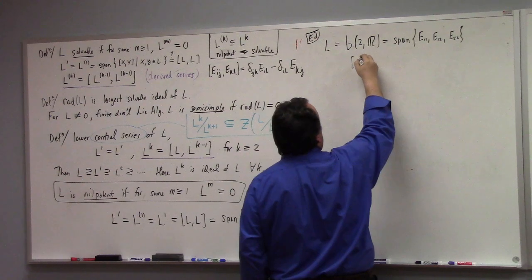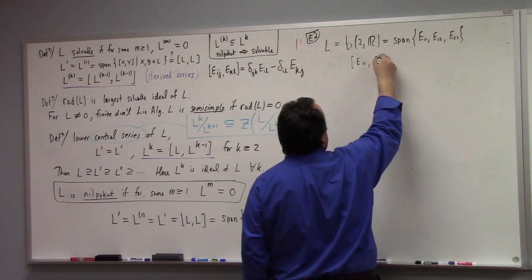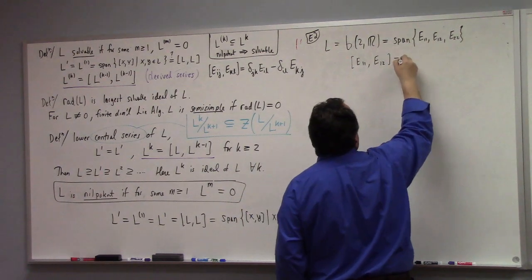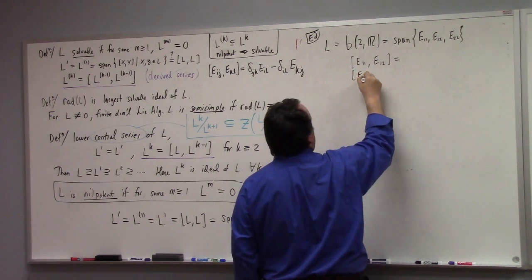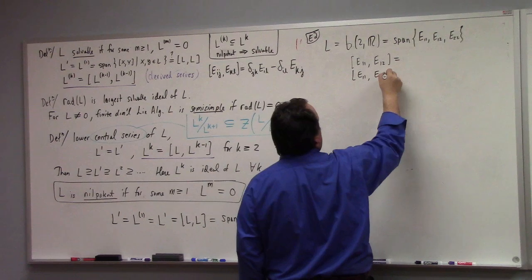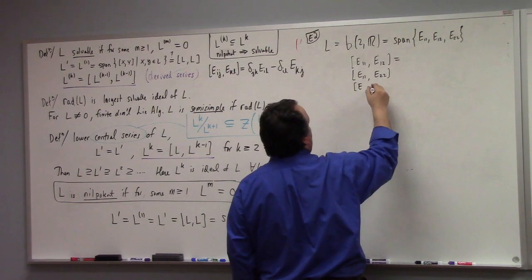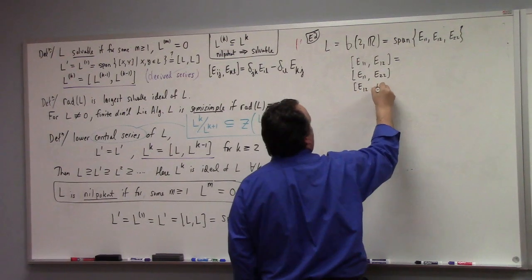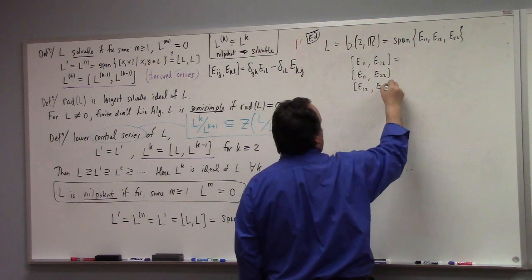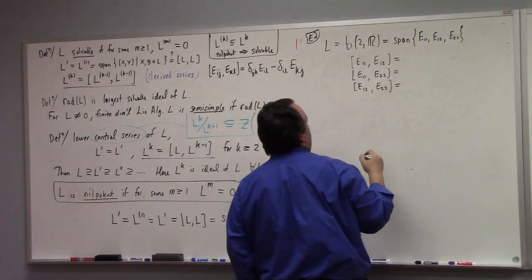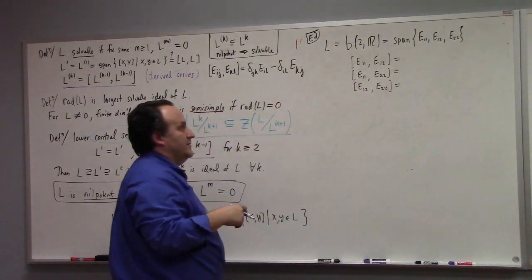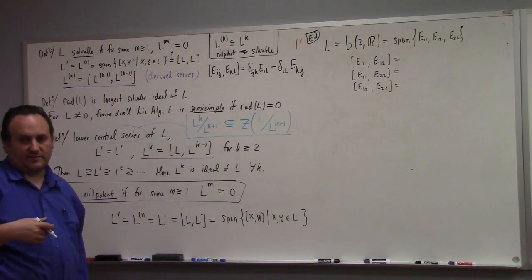Okay, so let's see here. We want to calculate the brackets, right? E11 with E12, E11 with E22, and the other bracket to think about, E12 with E22. Those are 3 choose 2, so there are 3 choices.